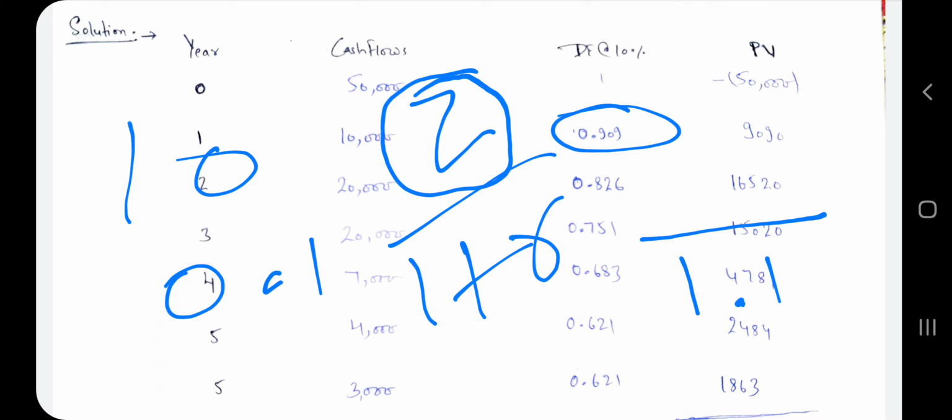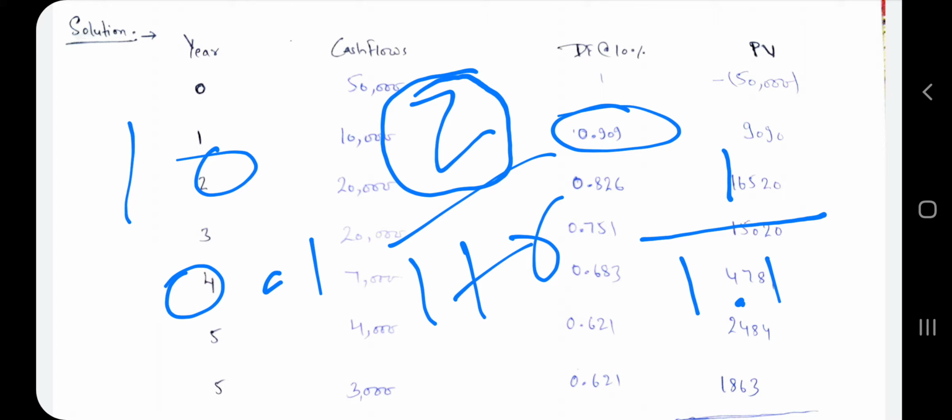So for the first year, 1 divided by 1.1. Here we find it for a single rupee; we are not taking 10,000, 20,000, 7,000, we take 1 rupee. So 1.1 for a single year.